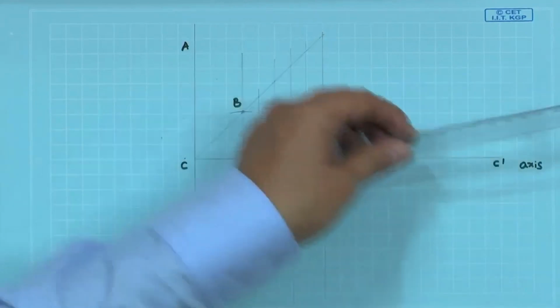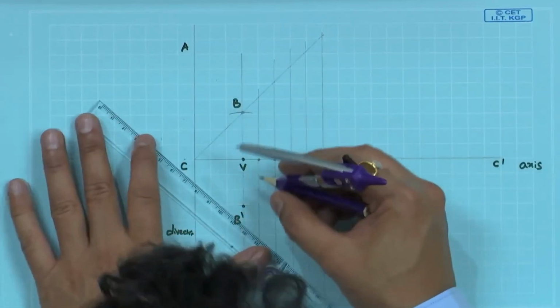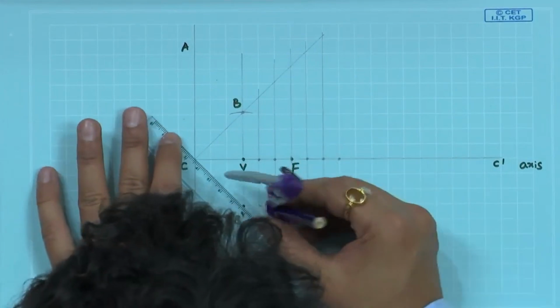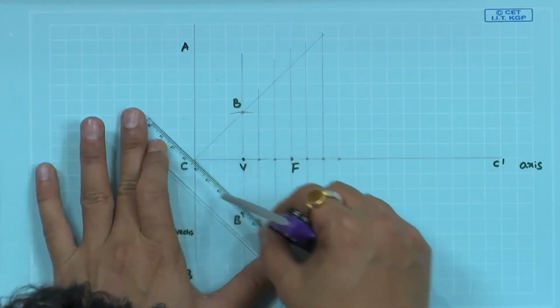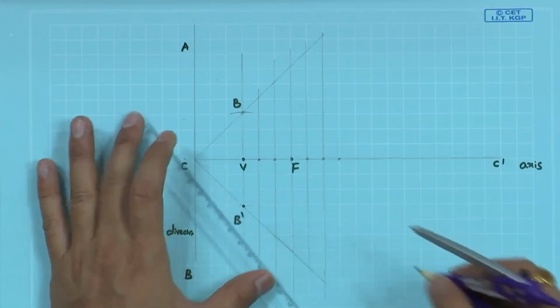The way we have constructed B prime, B, we join C and B prime also, join C and B prime.